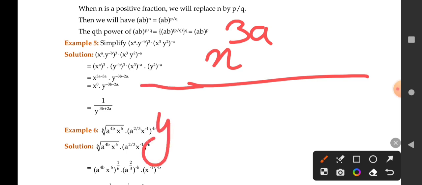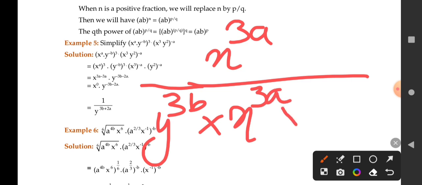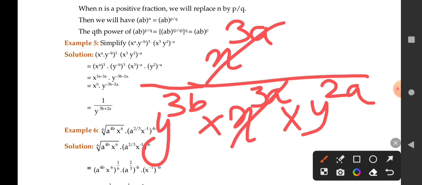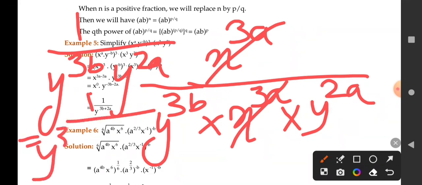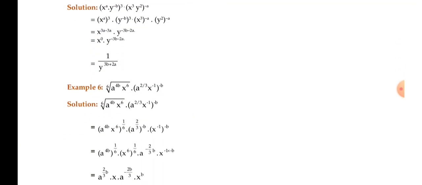So y power 3b into x power 3a into y power 2a. So x power 3a, we cancel it out and we have 1 divided by y power 3b into y power 2a, and this we are going to add, which equals 1 divided by y power 3b plus 2a. Let's check the answer. Correct.